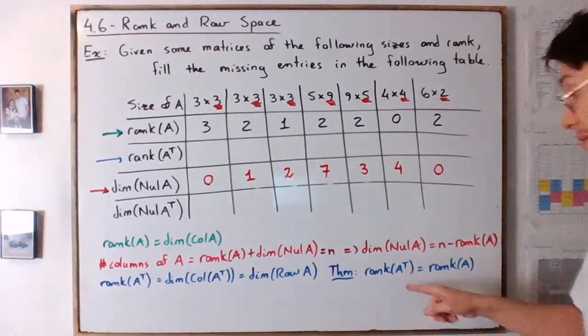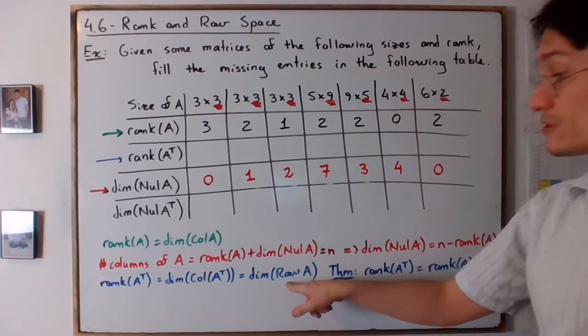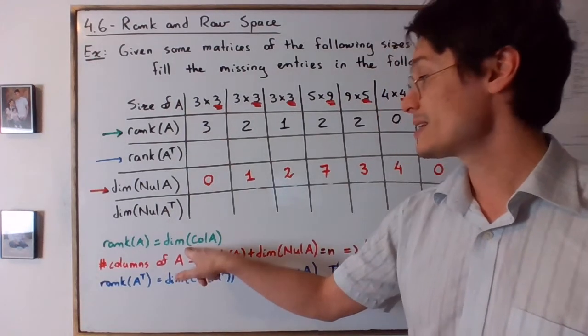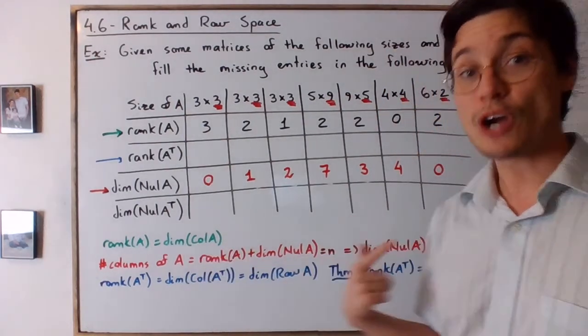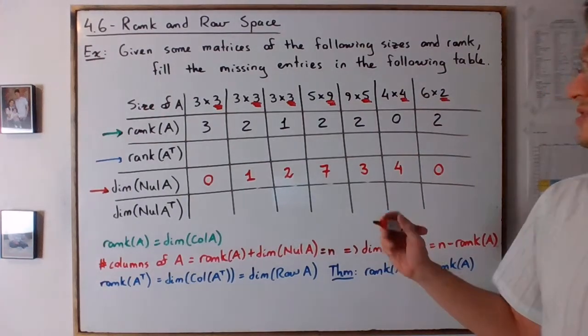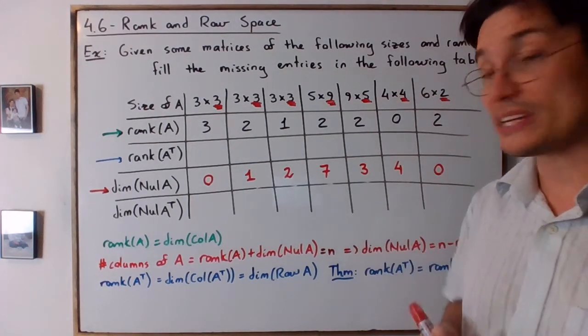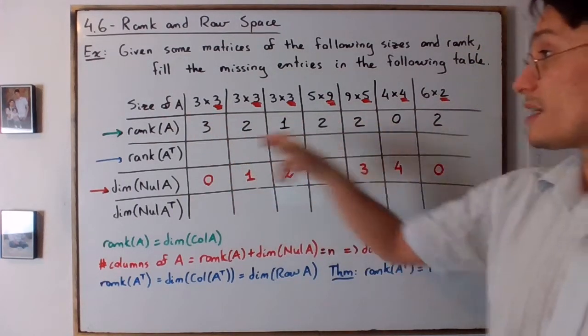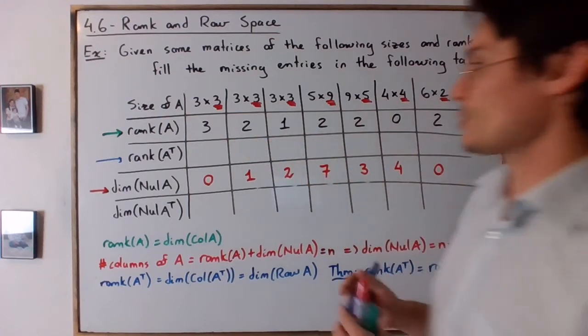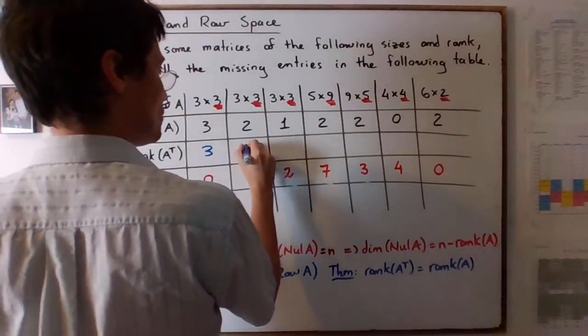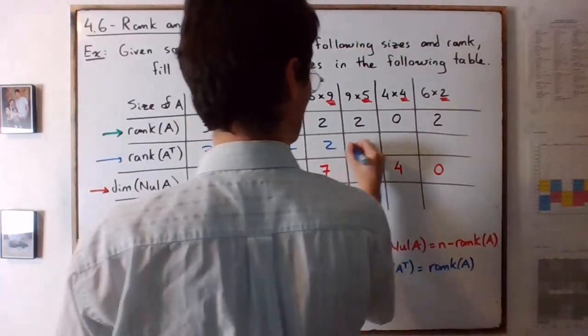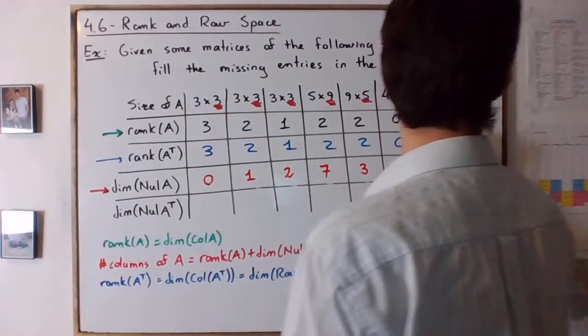So that's why this theorem is true. The dimension of the row space of a matrix is the same as the dimension of the column space. So we literally copy and paste these numbers here: 3, 2, 1, 2, 2, 0, 2.